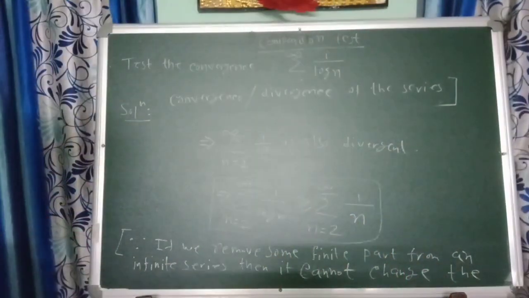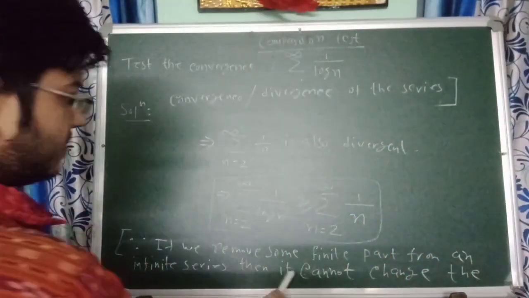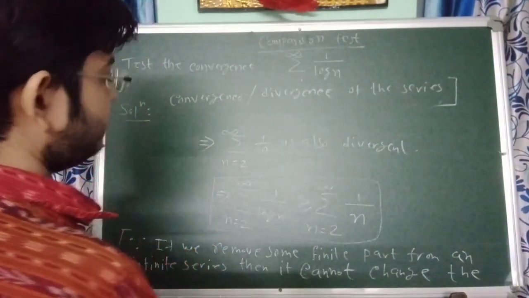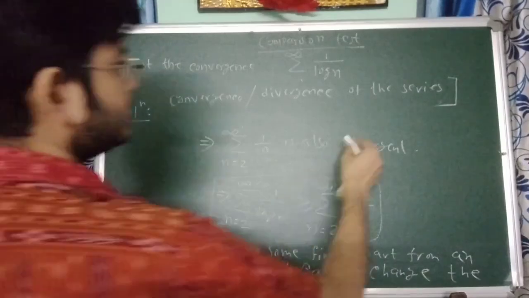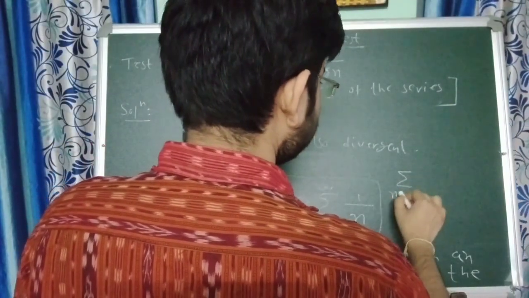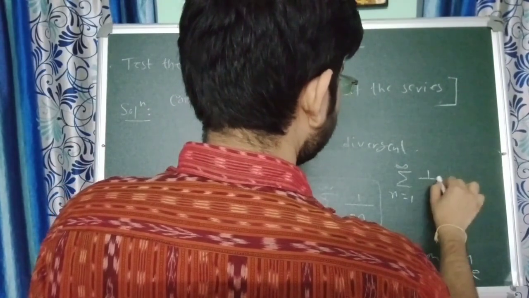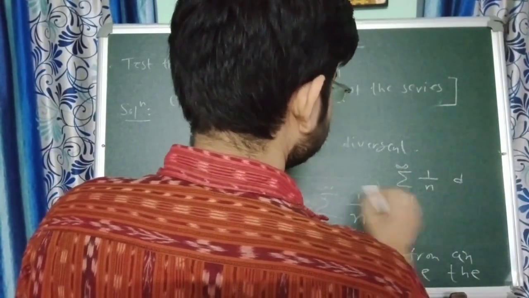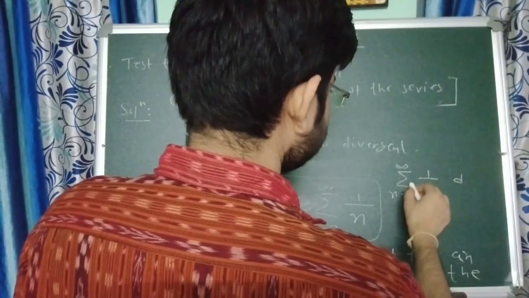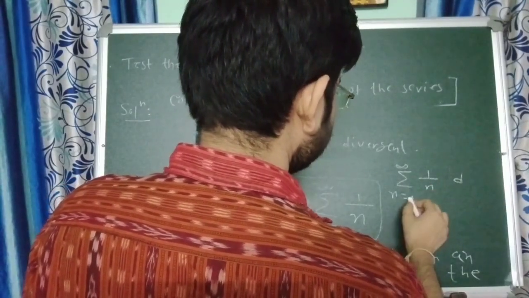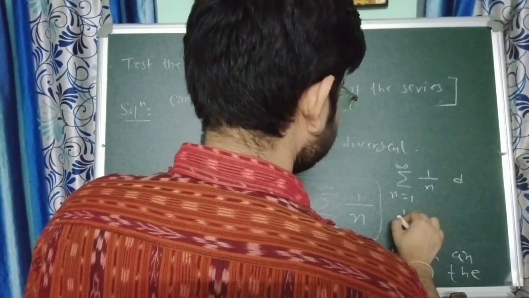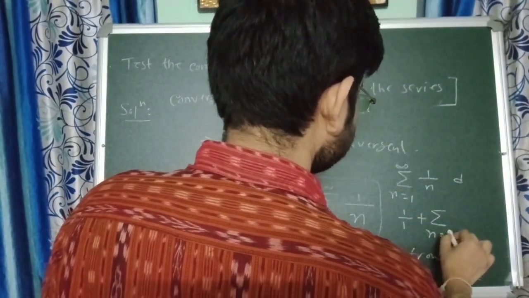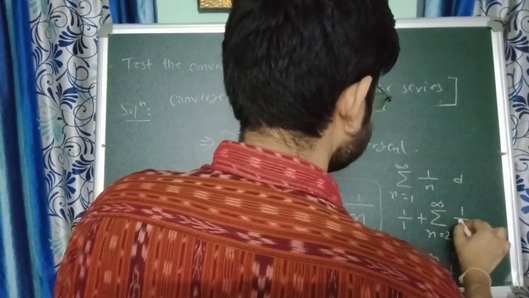If we remove some finite quantity from an infinite series, then the nature of the series remains the same. If the series summation n equals 1 to infinity 1 by n is divergent, now we remove the finite part, that is, the series can also be written by putting n equals 1, this means 1 by 1, and taking all the remaining portion the same.